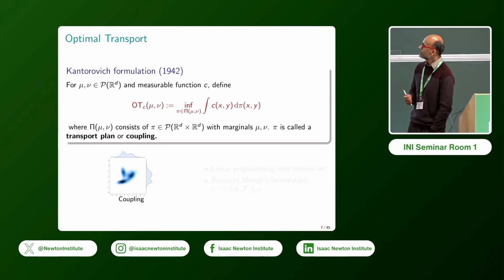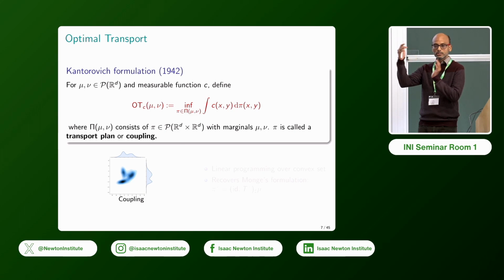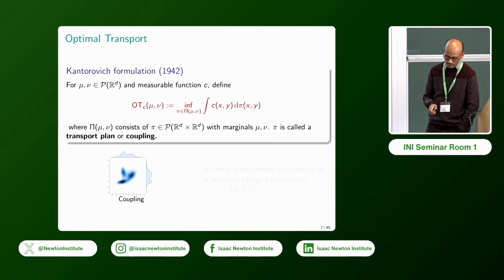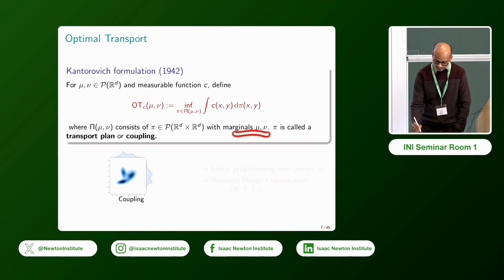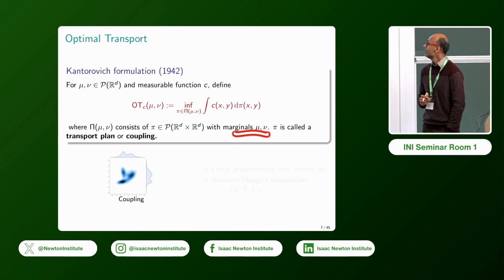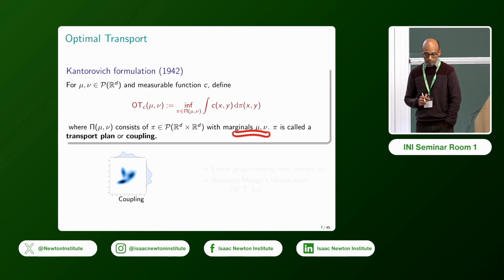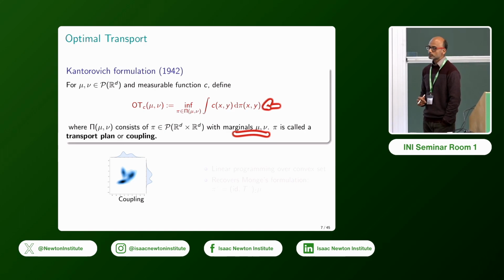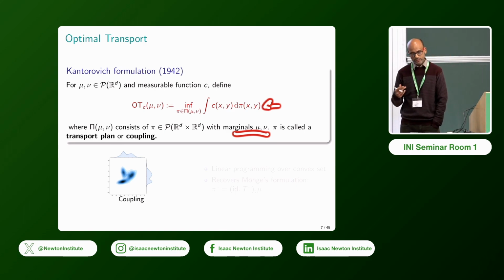The coupling is defined as a joint distribution whose marginals are mu and nu. This is called either a transport plan or a coupling, and you want to find the transport plan such that the cost is minimized. So what is the advantage of this formulation?